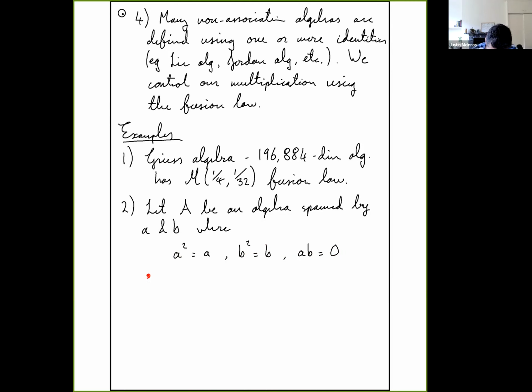So let me just say here, X equals A and B, and e.g. A1 of A is A, A0 of A is, these are subspaces, so A0 of A is spanned by B. And what about the fusion law?